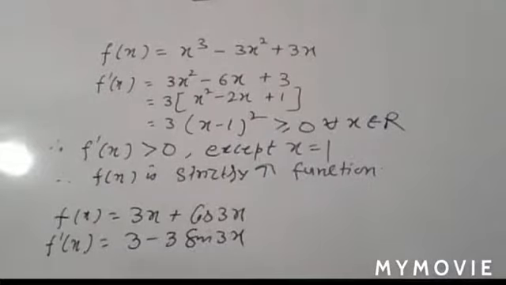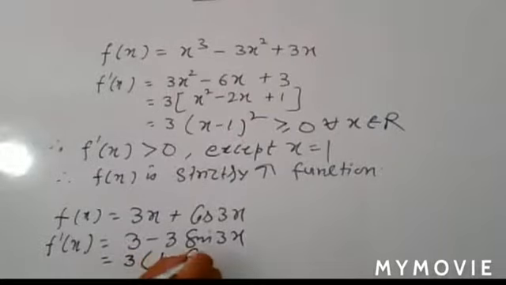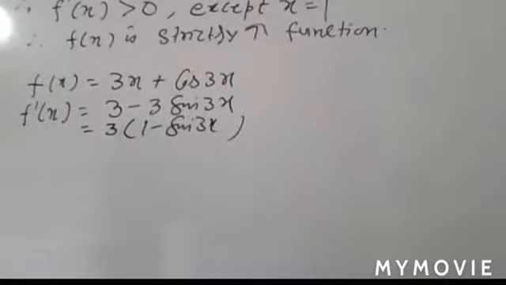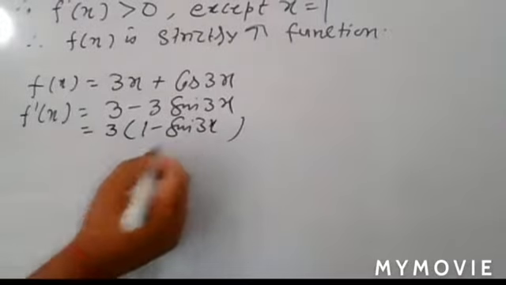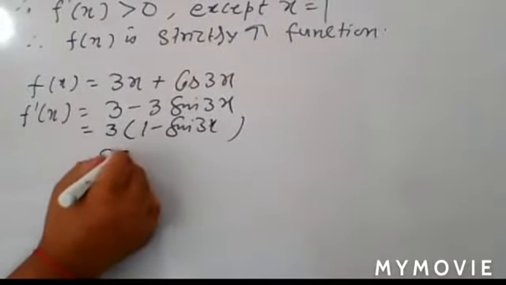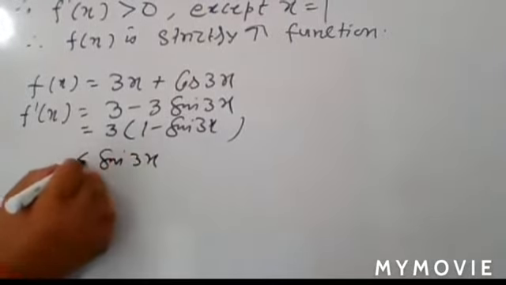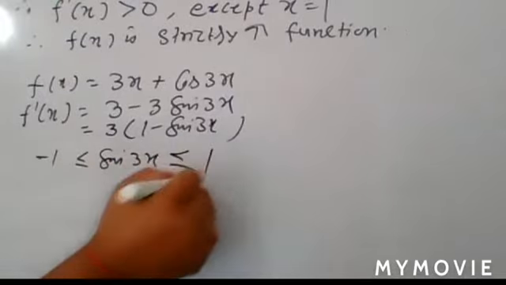In this way you can write, now taking 3 common, you have 1 minus sin 3x. And you have to prove that that complete function is increasing on R. Okay. So what do you know about sin 3x? Sin 3x is greater or equal to minus 1, less or equal to 1.